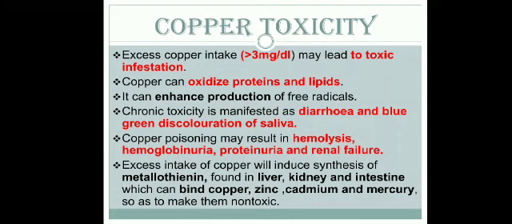The chronic toxicity of copper is manifested as diarrhea, blue-green discoloration of the saliva, and hemolysis, hemoglobinuria, proteinuria, and renal failure. The hemolysis is due to its role in the incorporation of iron into the RBC, then hemoglobinuria, then proteinuria, as copper binding to ceruloplasmin can only result in a functional ceruloplasmin that transports protein as well as amino acids, and ultimately renal failure.